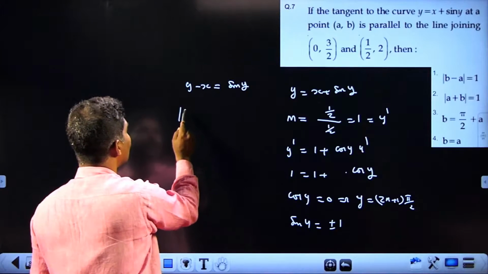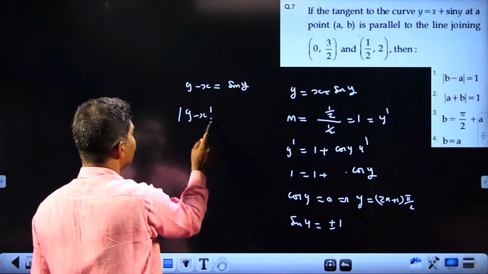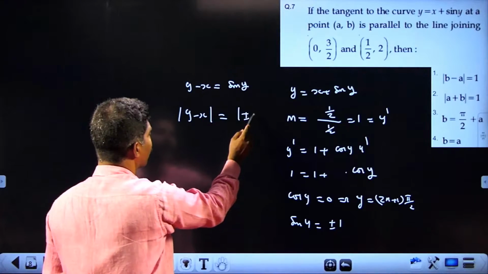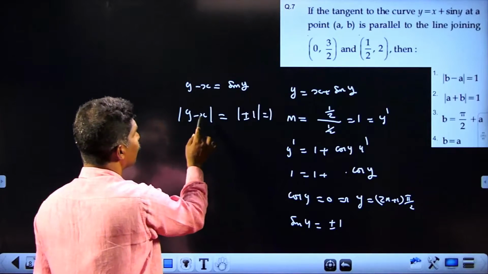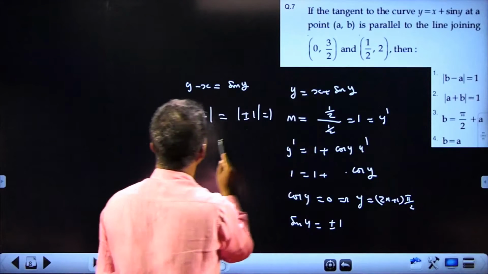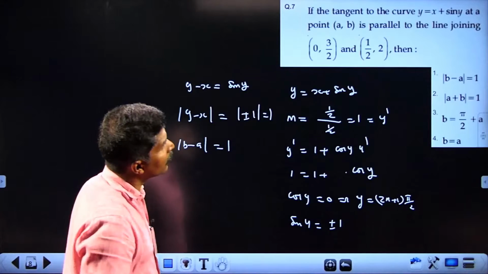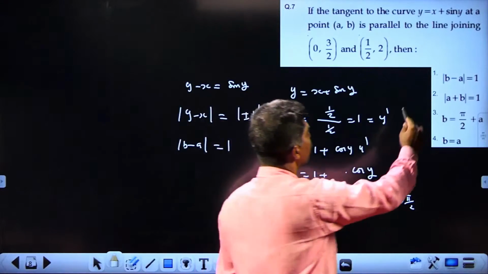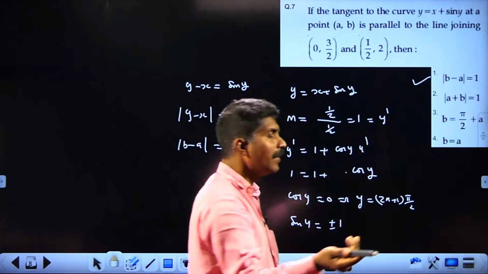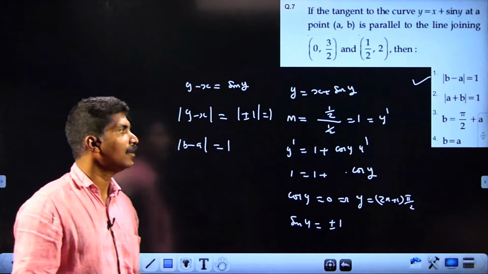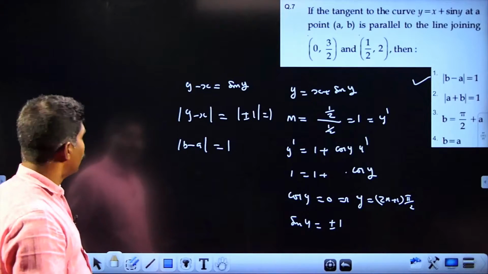So modulus of y minus x is equal to modulus of plus or minus 1, that is equal to 1, and the point is (a, b), therefore modulus of b minus a is equal to 1. Option A is correct. Other options you can easily verify, but you can see that they are not satisfying.